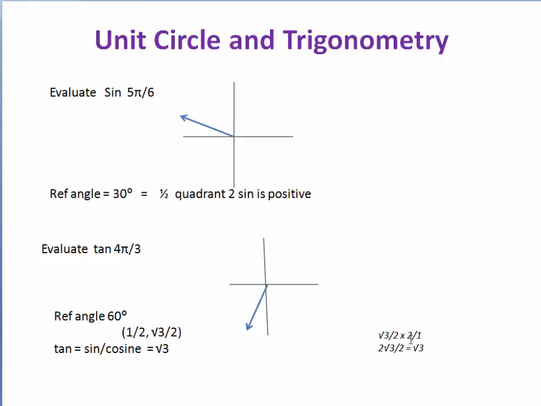So here we've done root 3 over 2 multiplied by 2 over 1, which is the tangent, so that's the sine divided by the cosine. So it works out when you divide, we multiply by 2 over 1, and we get root 3.